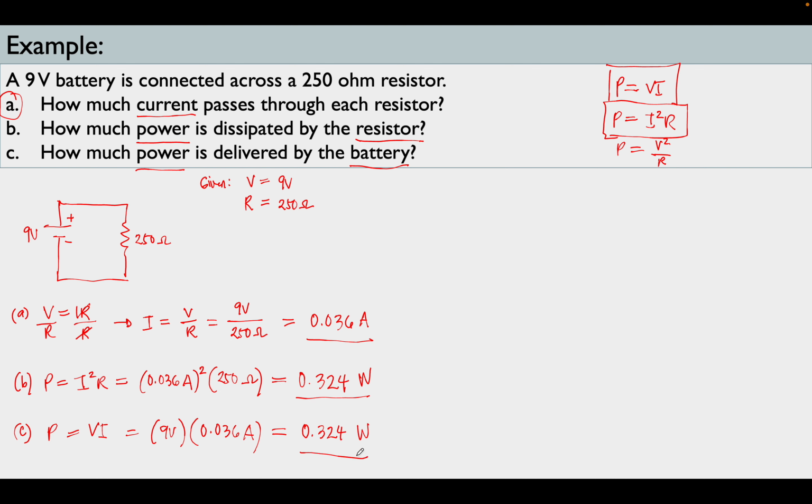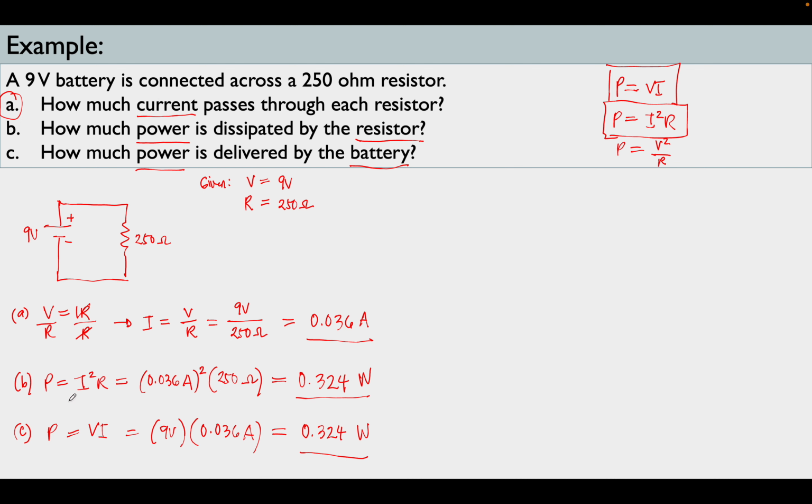Notice that the power dissipated by the resistor and the power delivered by the battery is the same. Since we only have one resistor, the power dissipated by the resistor as well as the power delivered by the battery must be equal, of the same value.